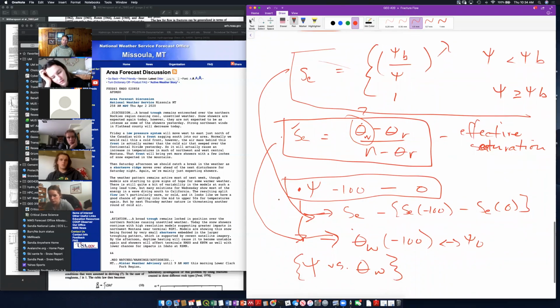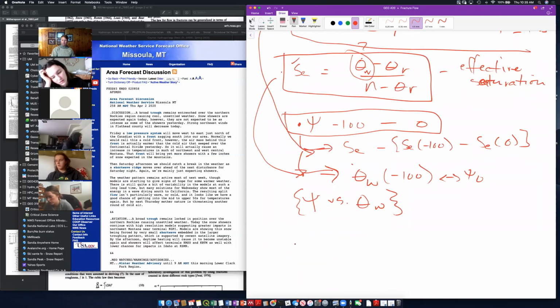No, for the Green-Ampt, the big thing you need is H sub F. That's the psi at the wetting front. And there's an equation in the book to give you H sub F. But it is basically a function of lambda.